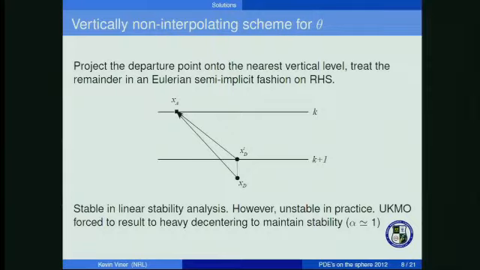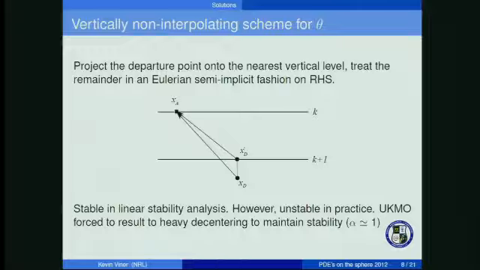The first route is actually a pretty clever way of doing things. It basically asks the question, how much do I need to treat as a fast mode? Can I treat some small portion, or do I need the whole thing? This tries the small portion route. If this is my arrival point, and these are some vertical levels, I calculate a back trajectory. Here's my departure point.